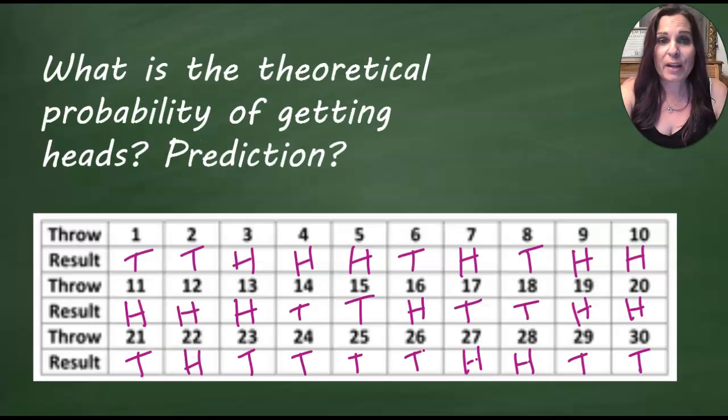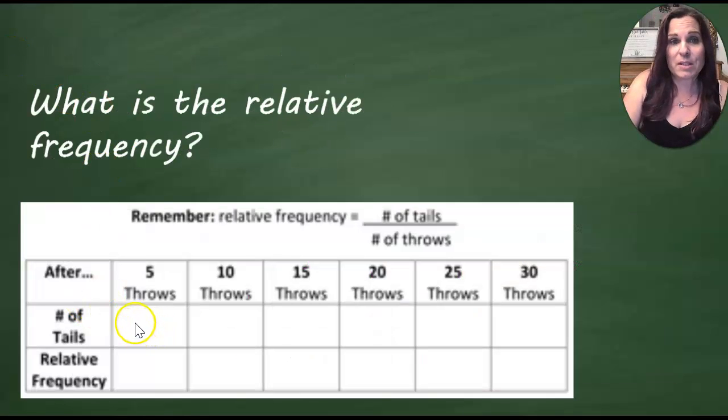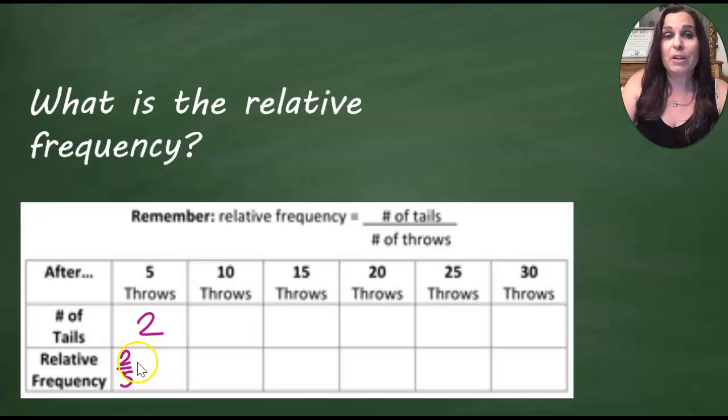In the first 5 throws, I got tails 2 times out of 5. So my relative frequency is 2/5. And if I write that as a decimal, that would be 4/10, right? Double the top and bottom, which is 0.4.